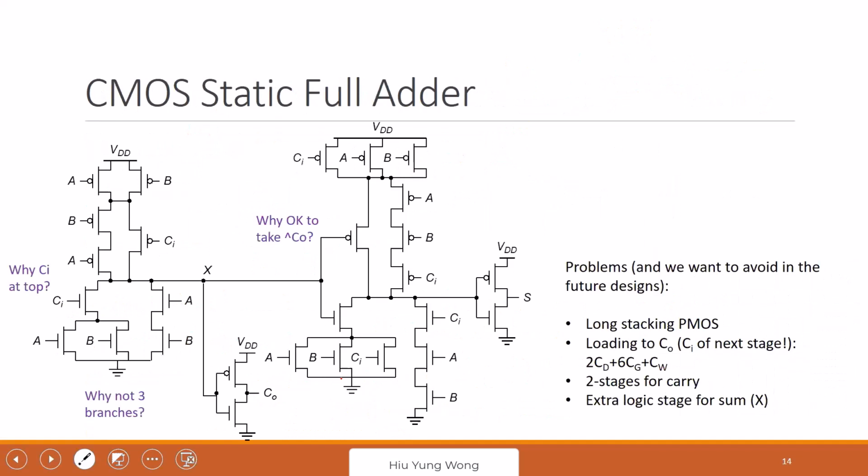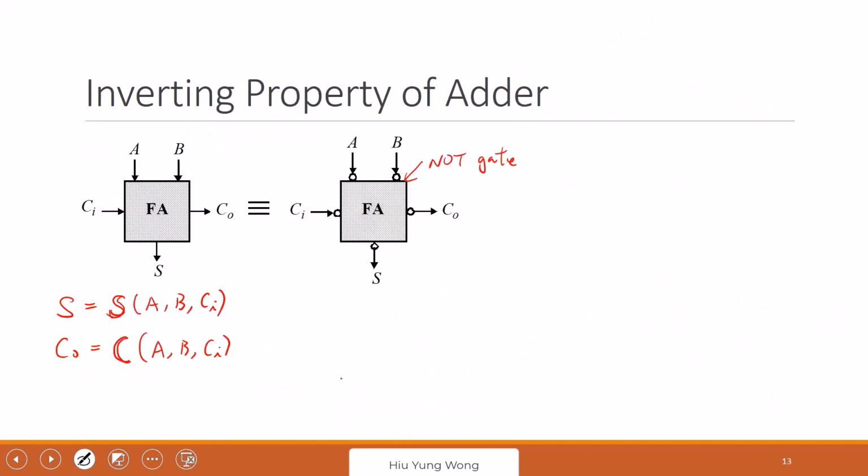Now, what does it tell us? It says that my output is exactly the same function, but you put in not A, not B, and not C in. If you invert them and put them into the adder, then the output will be just the inverted version.